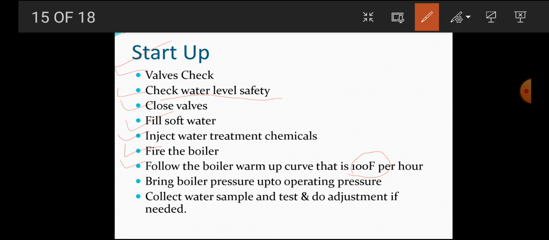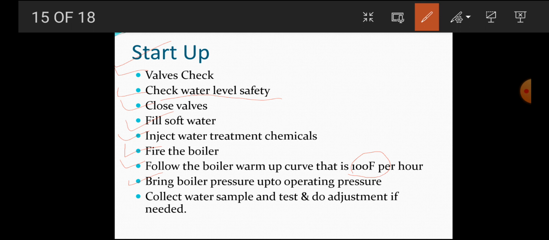That is the step we need to follow. After that, the next step is to bring the boiler pressure up to operating pressure. After the pressure reaches 10 to 15 psi, close the drum vent.